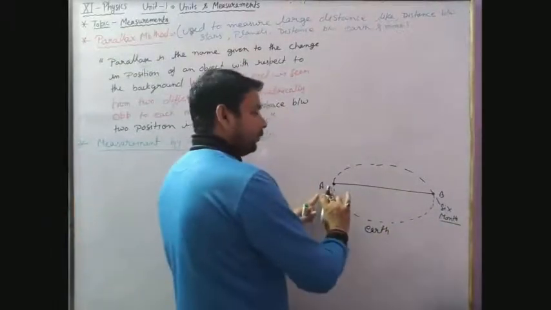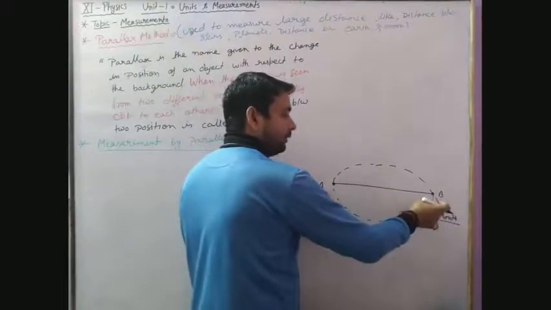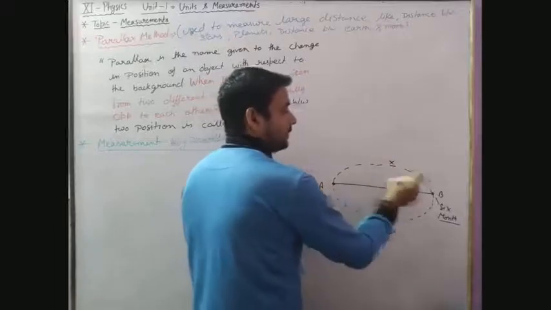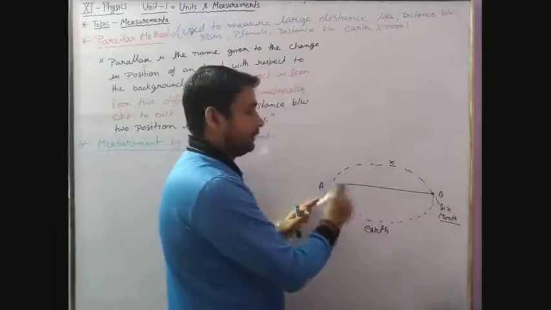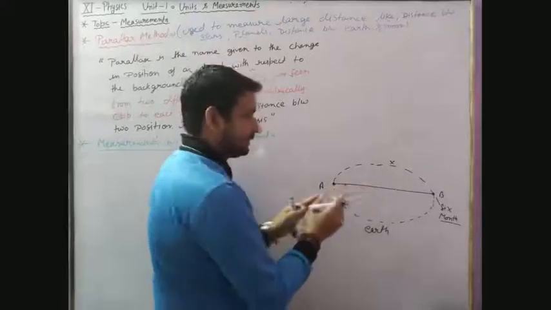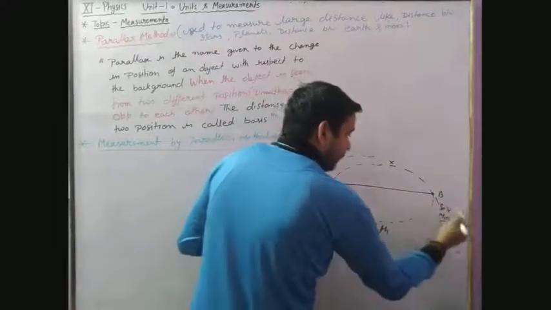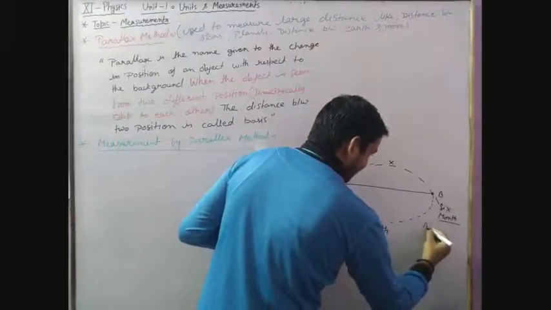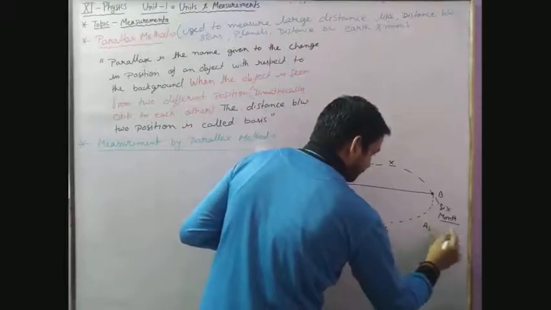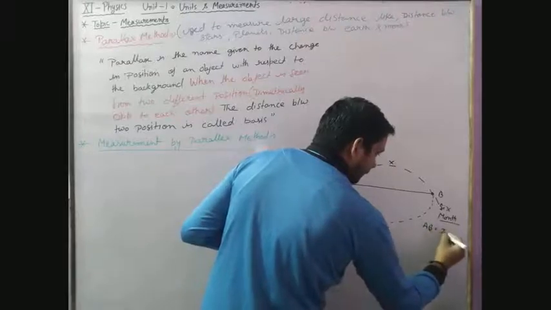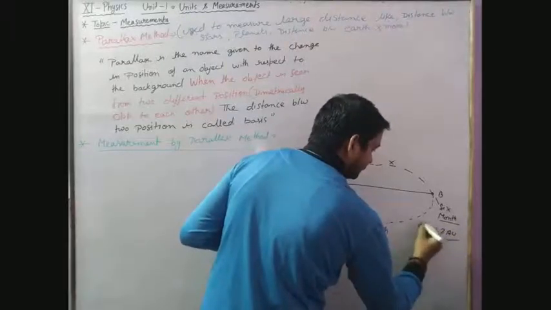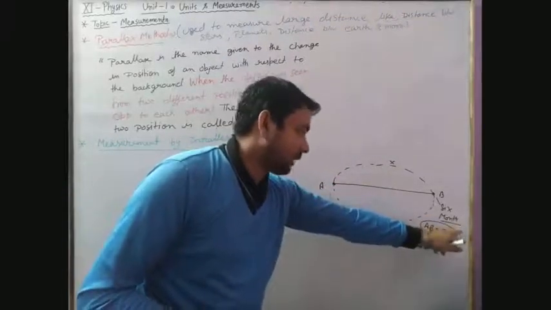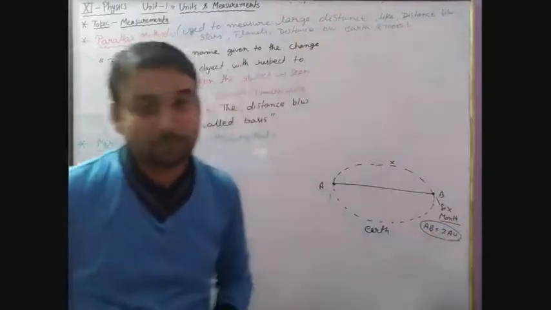When we go around from A to B, with A x B by this semi-major axis, we covered a distance, let's say the distance AB is equal to 2 AU, which means in 6 months we covered a distance of about 2 astronomical units.